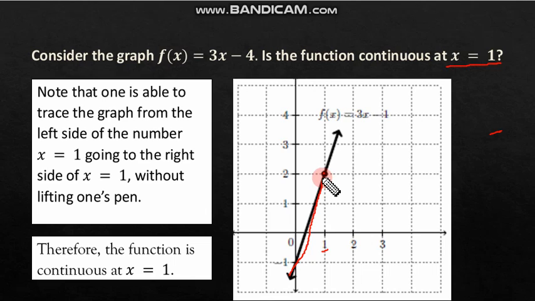And it must be that there is no interruption, or we would not lift our pen as we trace the graph, just like this example here. So since there is no interruption at x equals 1, therefore the function is continuous at x equals 1.